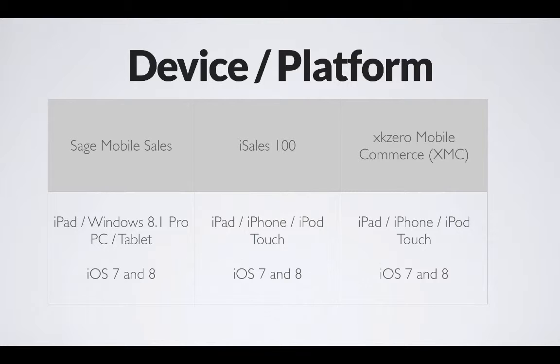XMC supports iPad, iPhone, and iPod Touch, also for iOS 7 and 8. We are developing an Android solution for XMC. I'm not sure of the release date, but we've made really good progress in porting that to an Android environment.